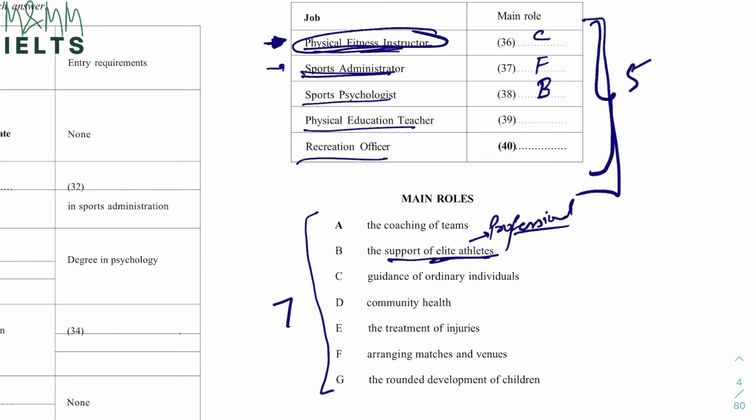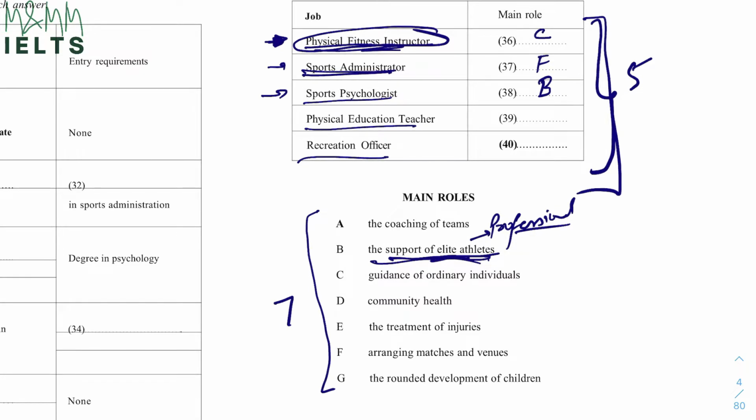Professional athletes means elite athletes. Professional, elite, synonyms of each other. The meaning of the entire sentence is exactly the same thing. So for my third question, option B is the correct one. Let's play the fourth one.